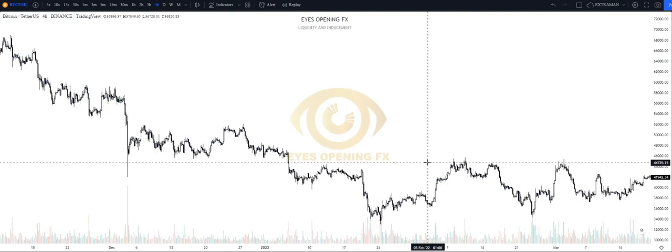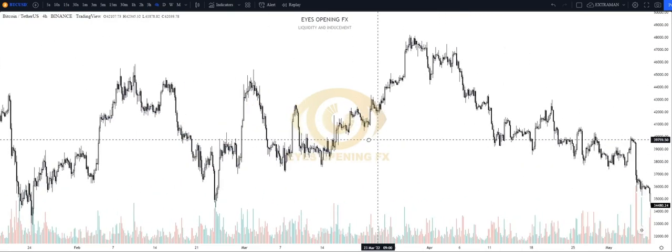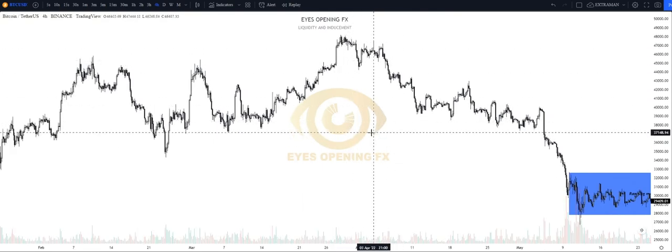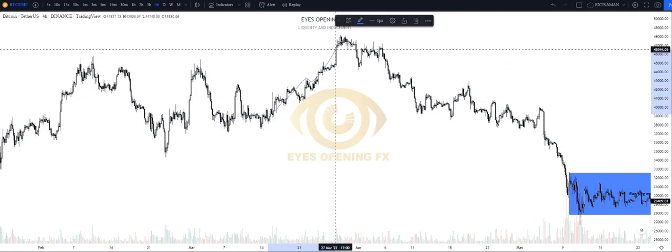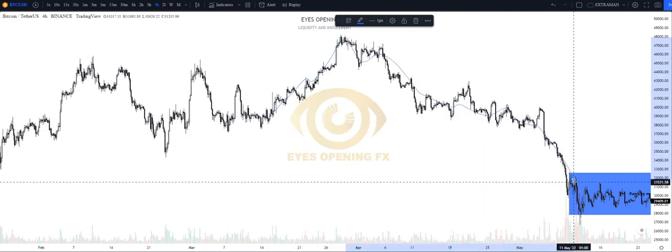So basically, anytime you see the market stuck within a range, within an area, that is what we call a ranging market. When it has a direction, that is trending.